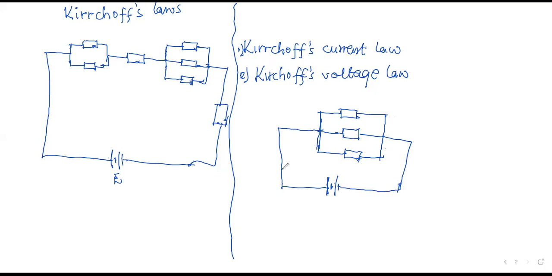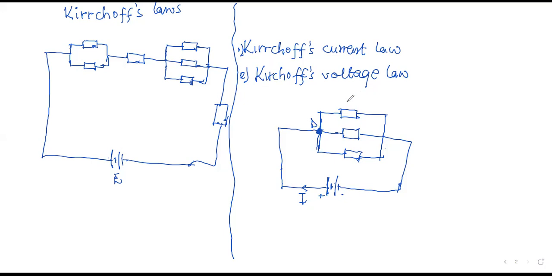Current conventionally moves from the positive terminal and enters the negative terminal. So when the current flow gets to this point, we have 1, 2, 3, 4 wires interconnecting. Automatically, this point creates a junction.